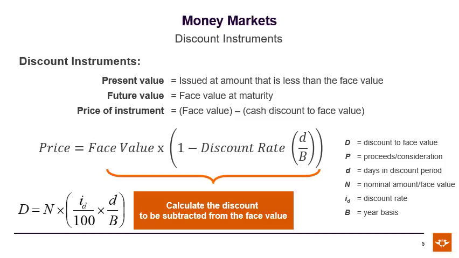So in our formula, D is the discount to face value, P is proceeds or price, the consideration amount that is being paid, D is the number of days in the discount period, N is the nominal or face value, ID is the discount rate, and B is the year basis.